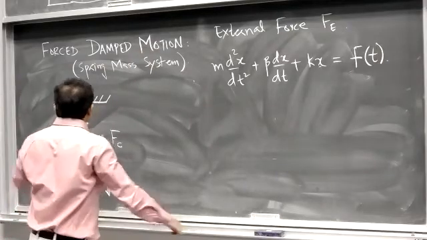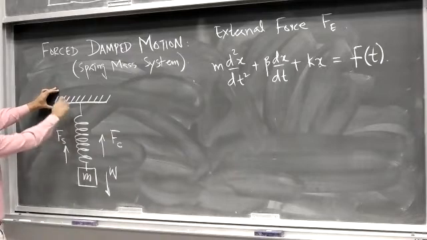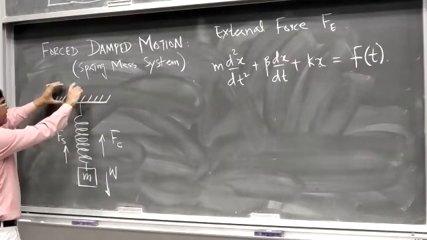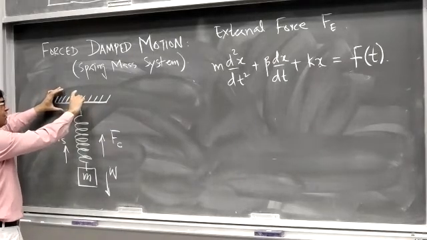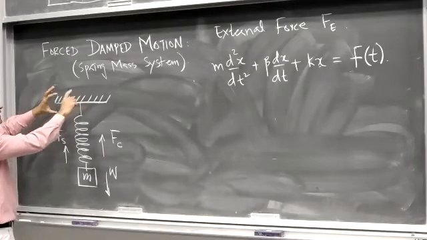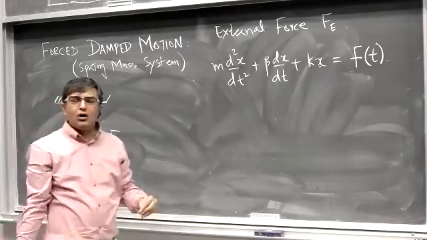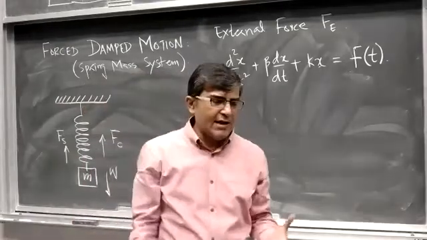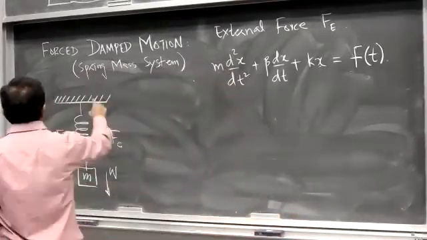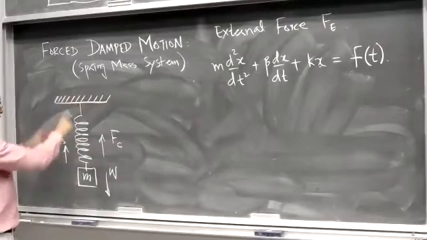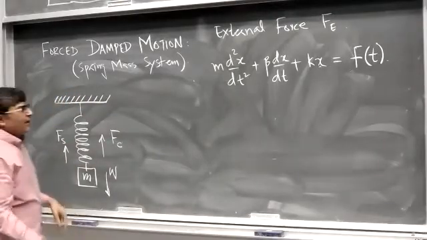Usually, how do we move this support upward and downward to impose the motion? That motion is also a kind of simple harmonic motion, or you can say a periodic motion, which is imposed on the support of this whole spring mass system.